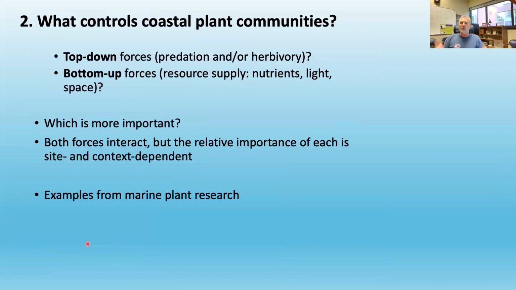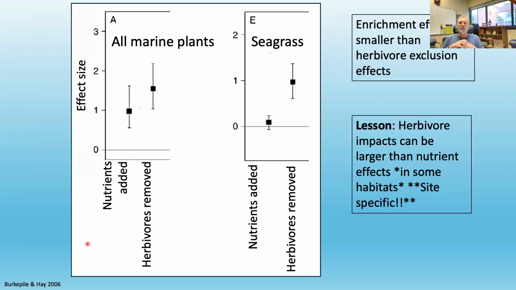All right, but what controls these communities? Is it primarily top-down forces or bottom-up forces? Which is more important, right? Well, the fact is that in most cases, both forces interact, but the relative importance of each is really site and context specific. So if we look at an example where we have all marine plants, the studies typically show that the exclusion of herbivores is a little more important than the restriction of nutrients, more so when you look at seagrasses.